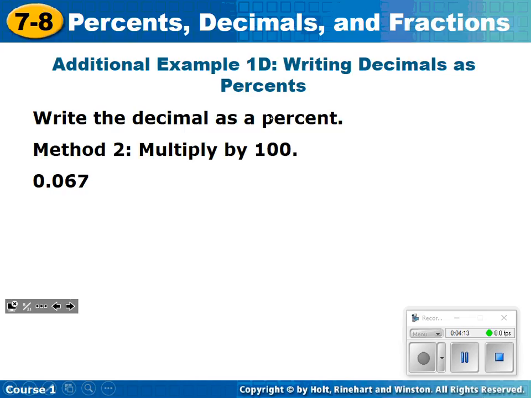Corbin. Gotta move the decimal over to the right 2 spots. When I move it over 2 spots, where's the decimal end up? In between the 6 and the 7, so what is that? 6.7%. There you go. Simple enough.